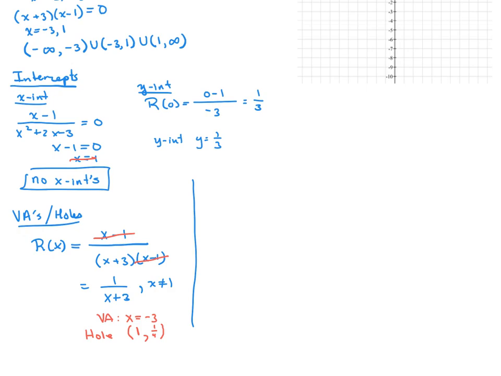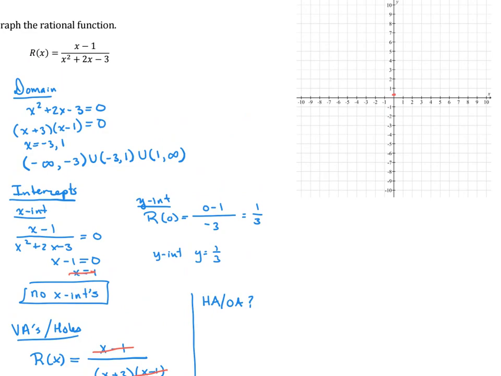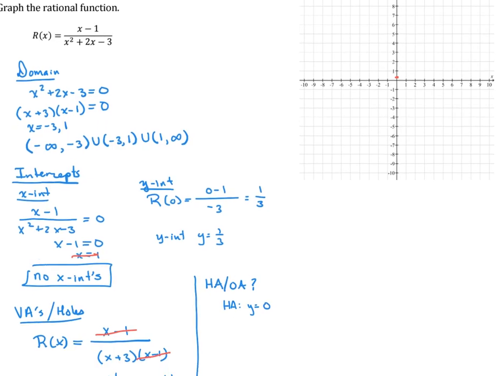Now, do we have any horizontal asymptotes or oblique asymptotes? Well, what is the degree of the numerator and the degree of the denominator? The degree of the numerator is 1. The degree of the denominator is 2. So the denominator has a higher degree, so we have a horizontal asymptote, y equals 0. So let's go ahead and put some of this information on our graph.